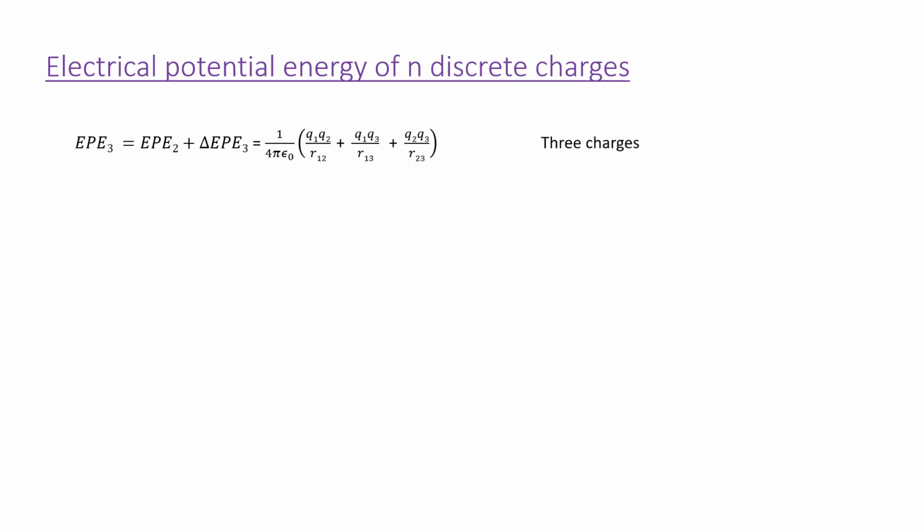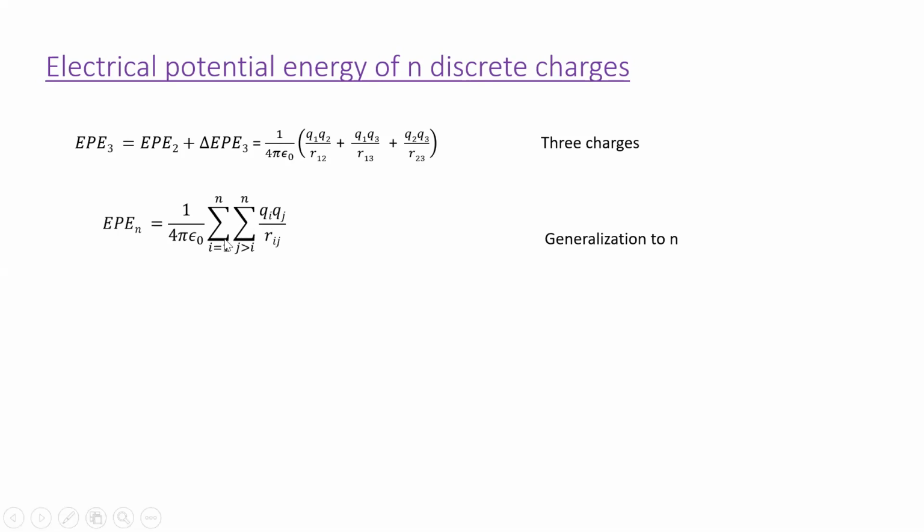Okay, so get ready for a little bit scary looking sum at first, but let's make sense of it. So if we generalize to n discrete charges, we're going to have the 1 over 4 pi epsilon naught as our overall constant. We'll have this Q over R for each pair of charges.